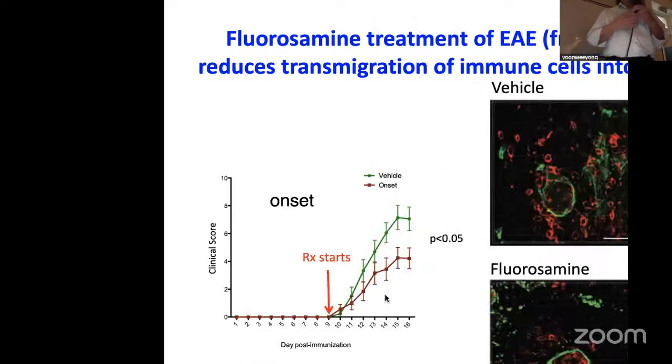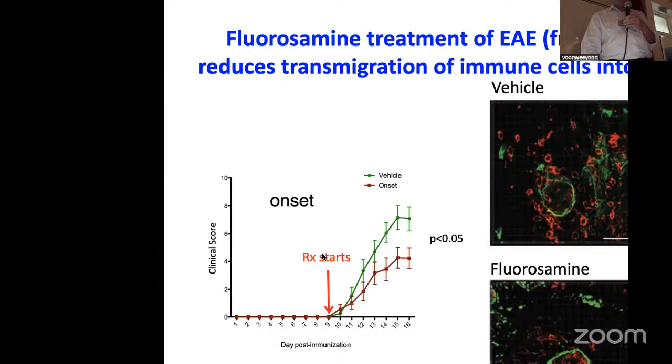So to test fluorosamine in vivo, we started with the EAE model, where, if you recall, CSPGs are at the perivascular cuffs that we think help with the migration of cells across the blood-brain barrier. So in this experiment, we are using EAE, and we are initiating treatment at onset of clinical signs, where immune cells are beginning to enter into the CNS parenchyma from perivascular cuffs.